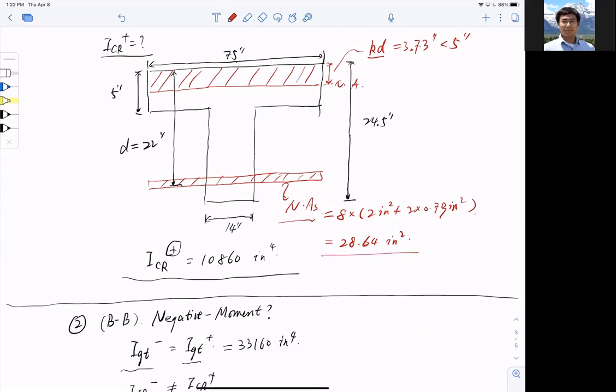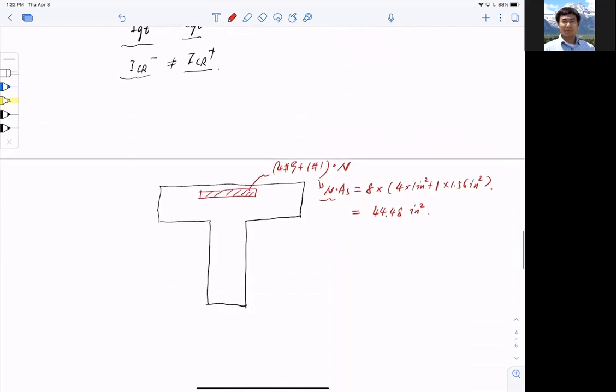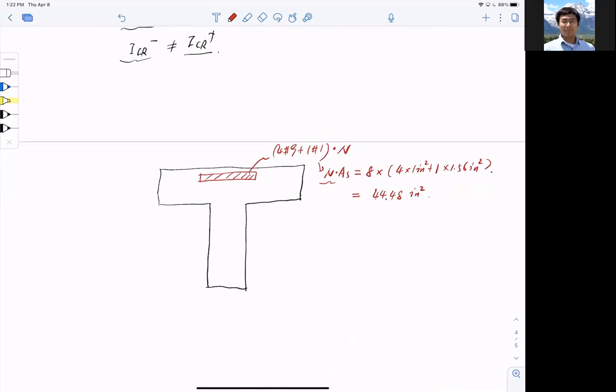After I get this conversion into concrete, I can have my compressive zone here as well. Since it is negative bending moment, the compression is at the bottom. My kd just shifted to the bottom, and that is 8.65 inch.